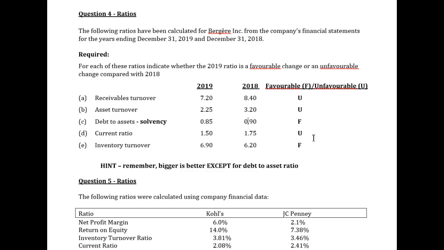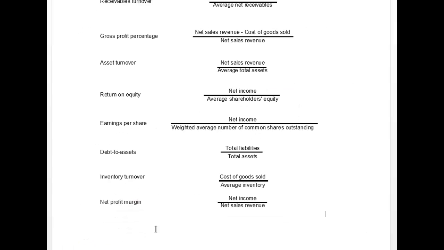Well, it was 0.90. So if you look at your formula, we must have had total liabilities which were less than total assets.